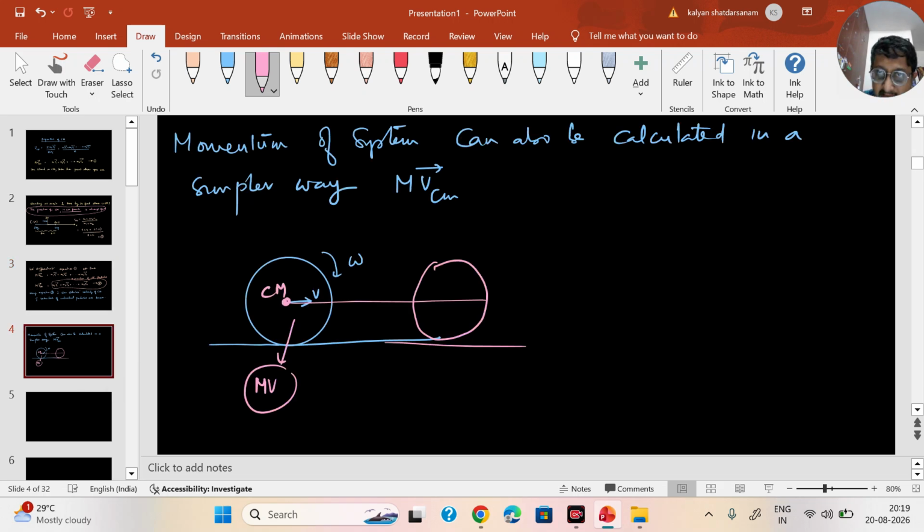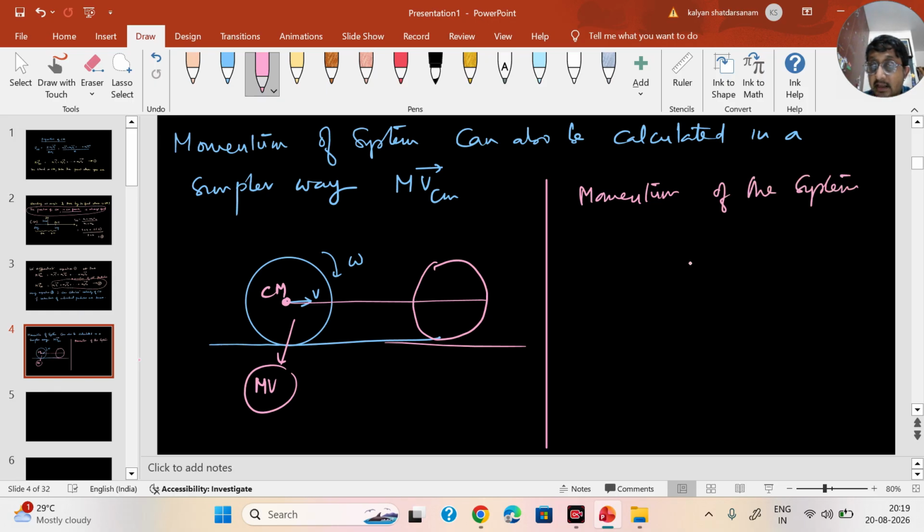And that is this: momentum of the system, all the particles which you are taking in center of mass frame. You are now calculating the momentum of these particles in which frame? Not in ground frame.